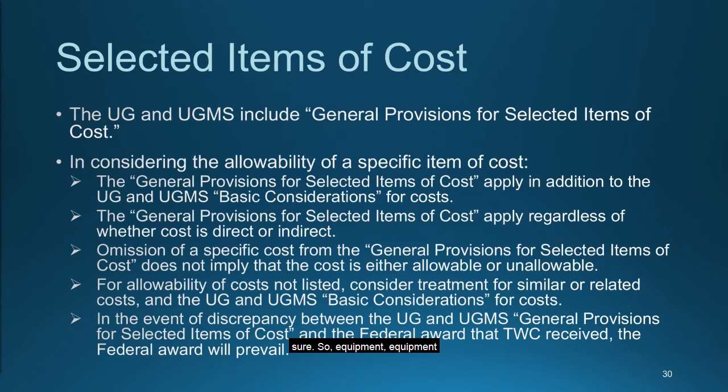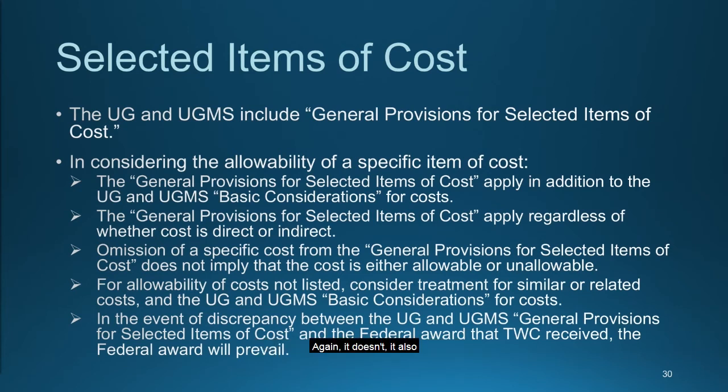If equipment is listed as an allowable cost, but that particular piece of equipment is not necessary under your grant award, and it doesn't benefit your grant award, or it's charged in excess of the benefit to your grant award, or the cost isn't adequately documented, those things come into play as well. So just because it's listed as an allowable cost doesn't mean you get to ignore everything else. That's important to keep in mind.